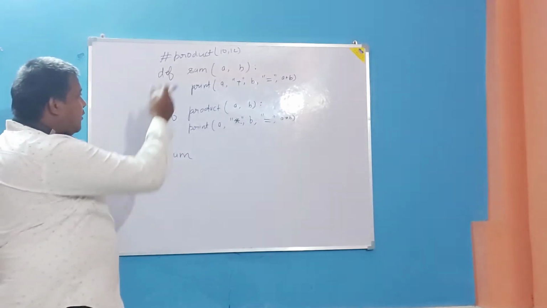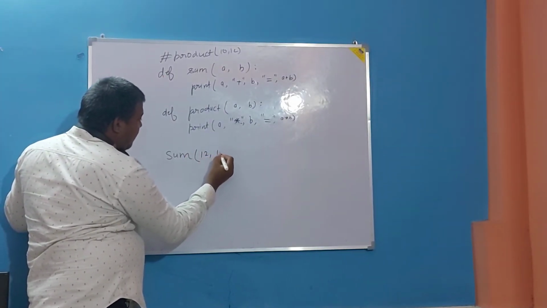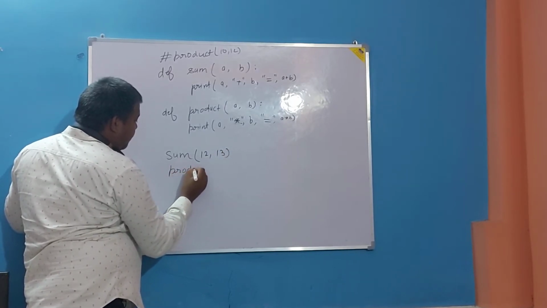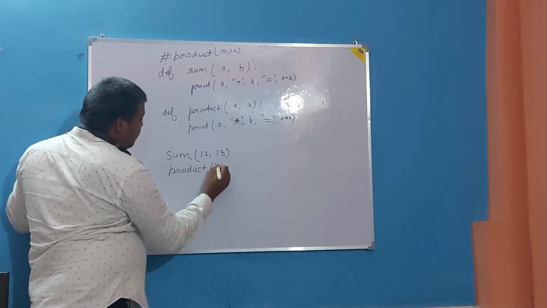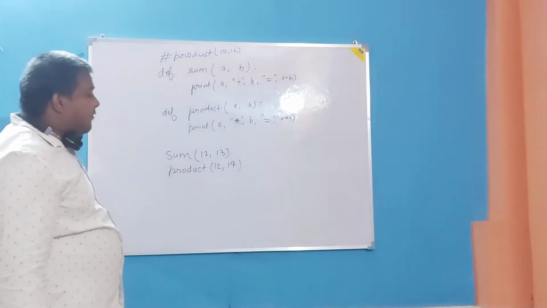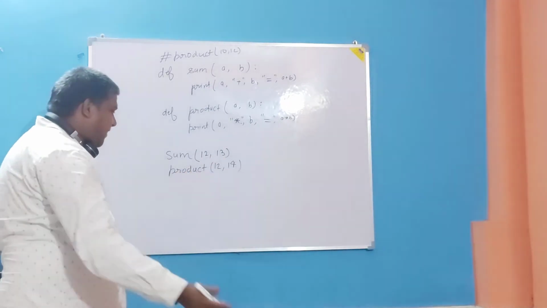To call these functions, I may use direct values also: sum(12, 13) and product(12, 14). Clear? If I want to pass values through variables, we have that option too.